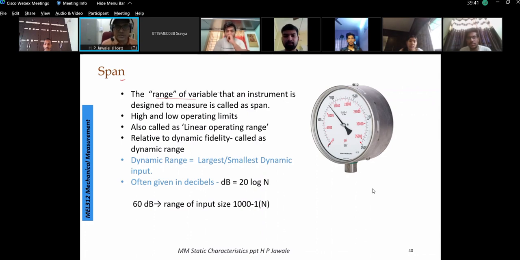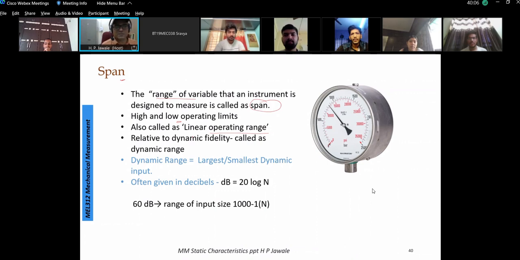So it is the range of the variable that a measurement device is designed to measure, that is called a span. So there are definitely two limits, the minimum and the maximum limits of operation. So low and high limit will be there. So it is called a linear operating range. It has got a linear operating range.